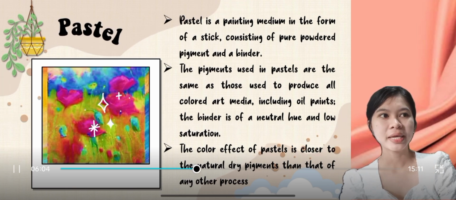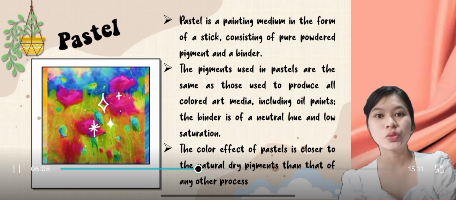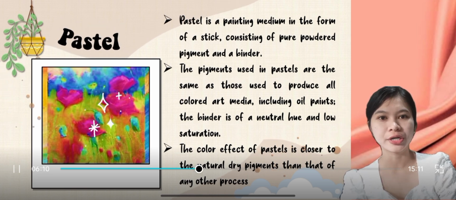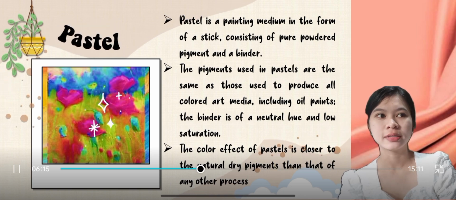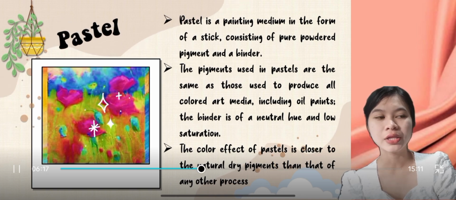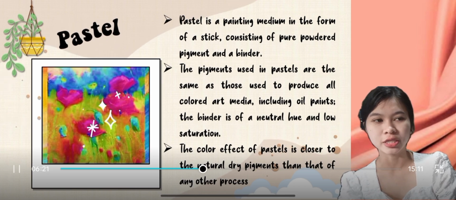The pigments used in pastels are the same as those used to produce all colored art media, including oil paints. The binder is of a neutral hue and low in saturation.